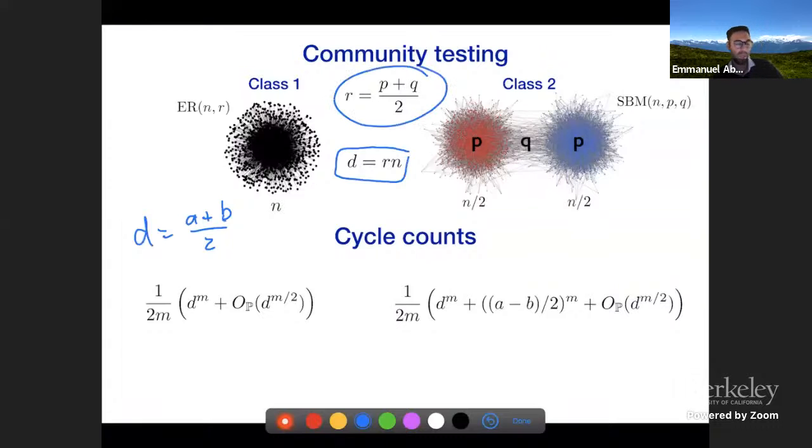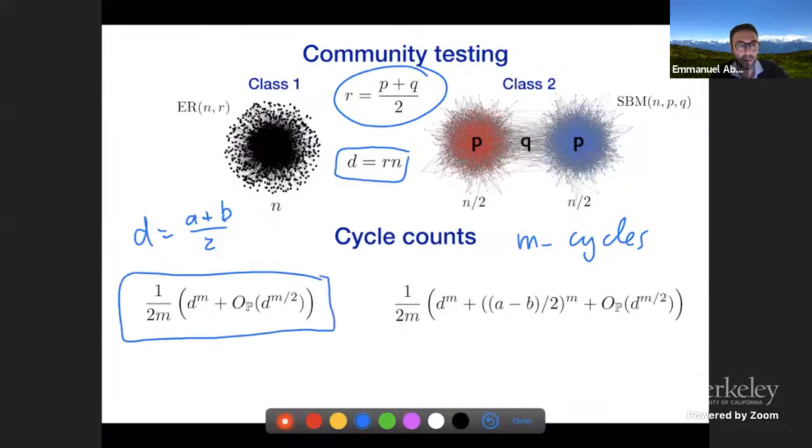If you count the number of m-cycles, it's going to be equal to this in the Erdős–Rényi model. It grows exponentially with d to the m divided by 2m, and this is the variance situation around that mean.